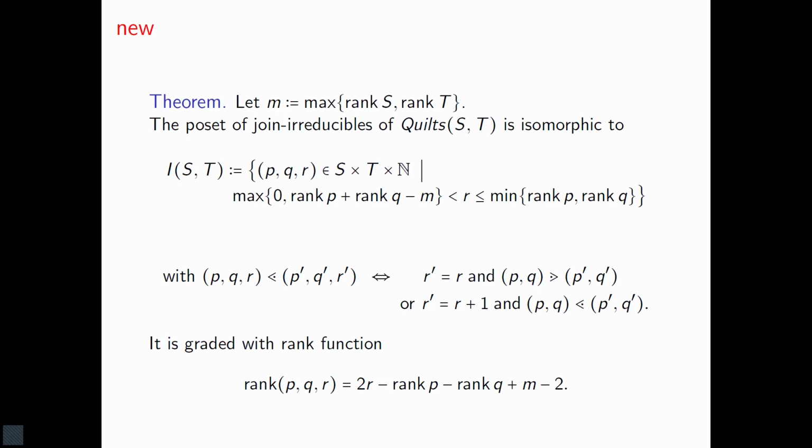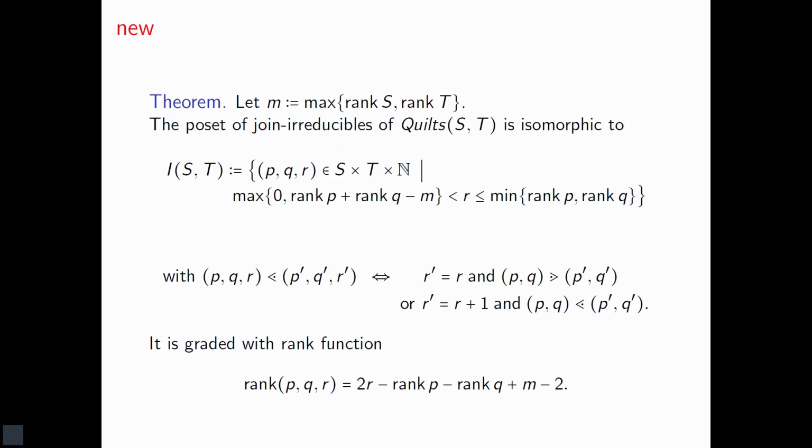Then I will actually get a graded poset, which is somewhat strange. We know that a distributive lattice is graded, of course, but in this case, also the poset of join irreducibles is graded. I would like to know whether this has any consequences, but it is nice.